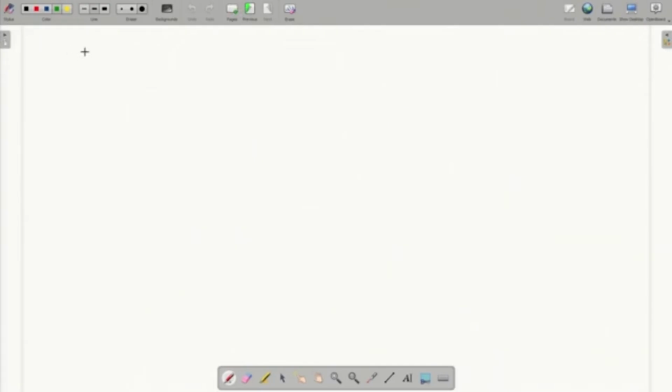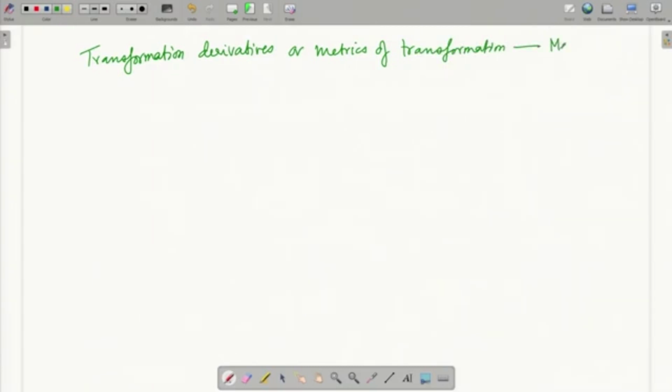So, these are essentially transformation derivatives or metrics of transformation, often just referred to as metrics.